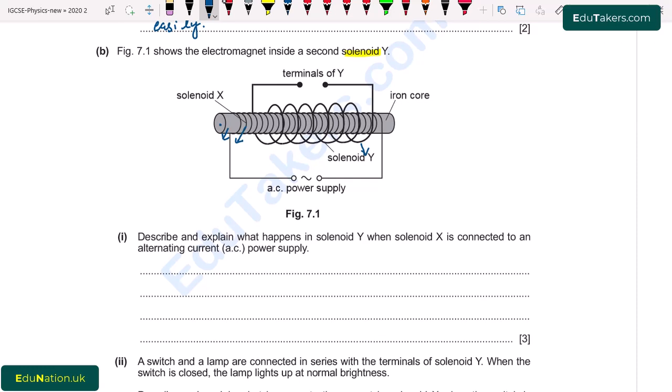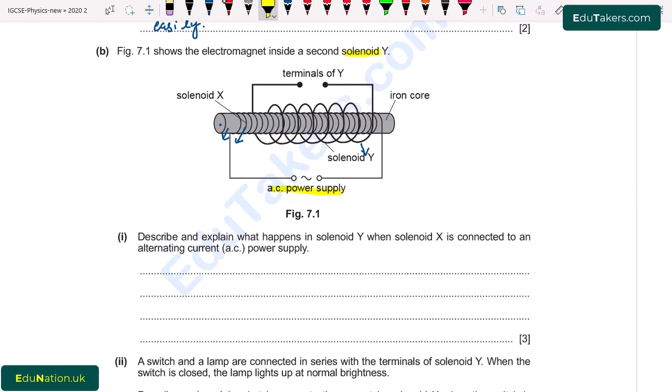So, part 1. Describe and explain what happened in solenoid Y when solenoid X is connected to an alternating current power supply. You can see here that there is an AC power supply.